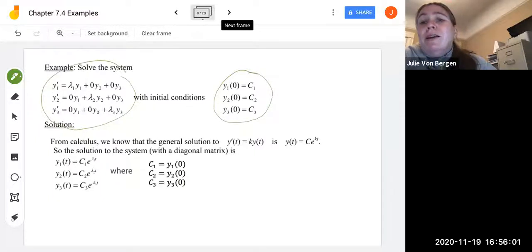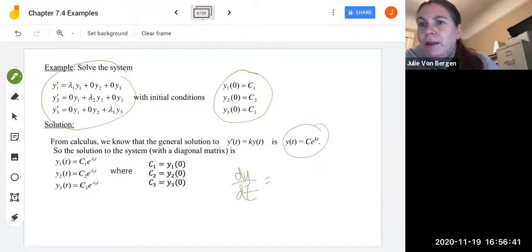So from calculus, we know that the general solution to y prime of t equals k times y of t is in this exponential form. You remember separating out the dt's. If I write that out how you did in calculus, it was dy dt equals k times y of t. And then you had the dt over here and the dy over there.